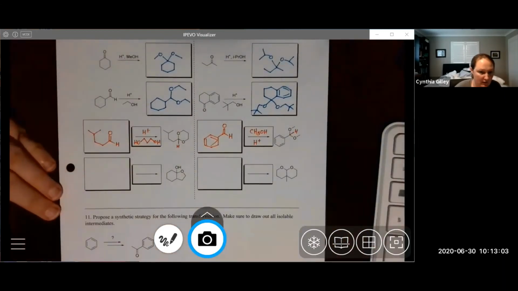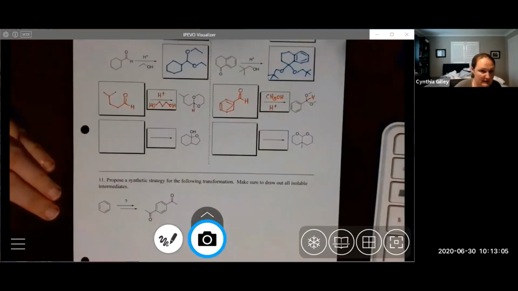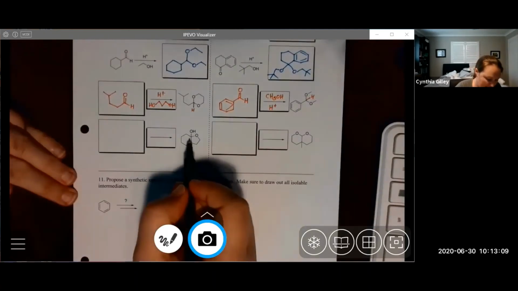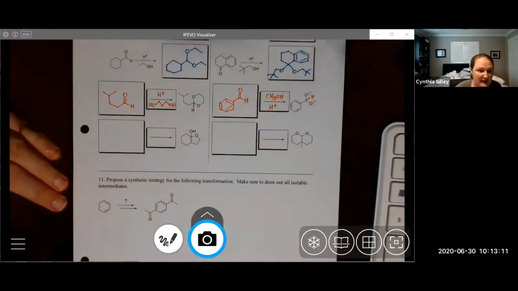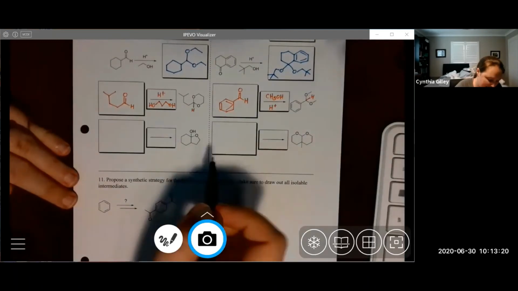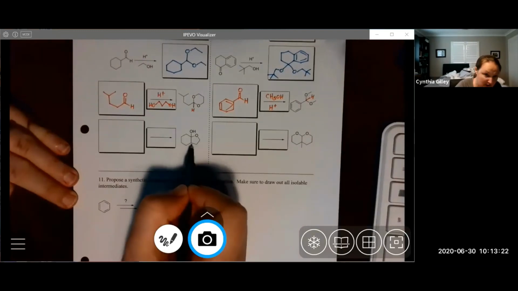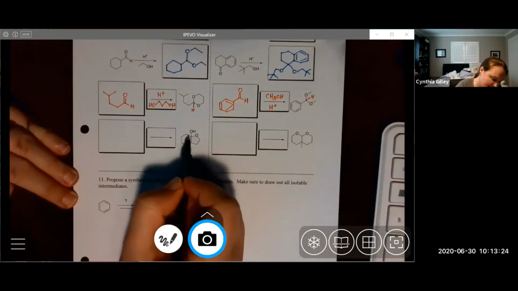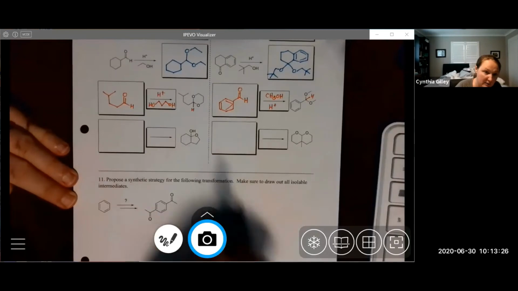Okay, getting into the slightly more challenging ones. Now we notice that the product is actually a hemiacetal, a cyclic hemiacetal. That's why it's stable. So this can be a little bit more challenging to see, right? But it's very likely that this was the attached alcohol that came in and attacked, that this oxygen came from the carbon.